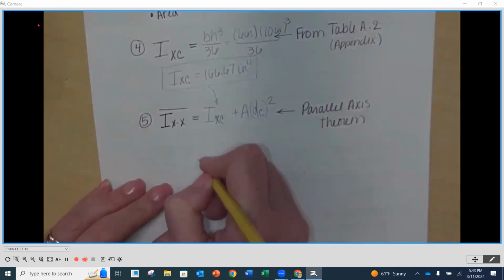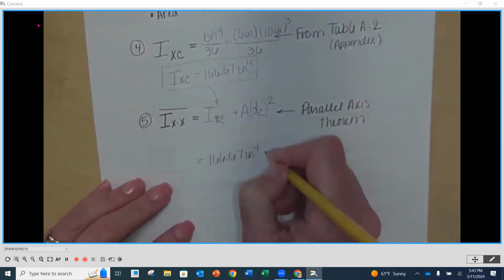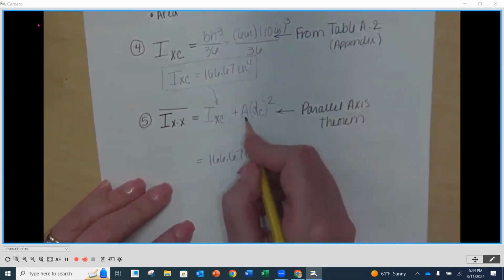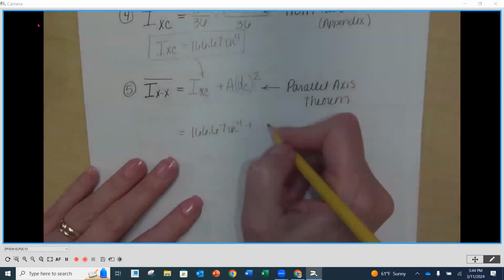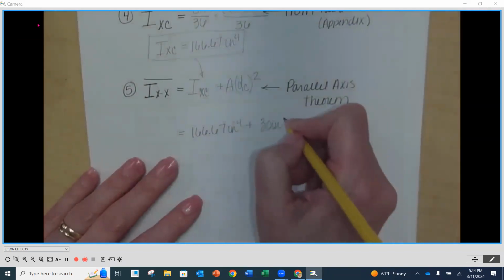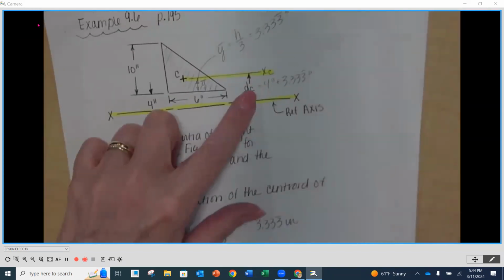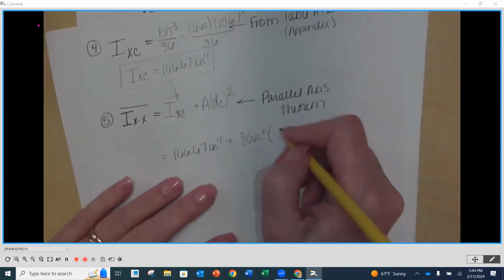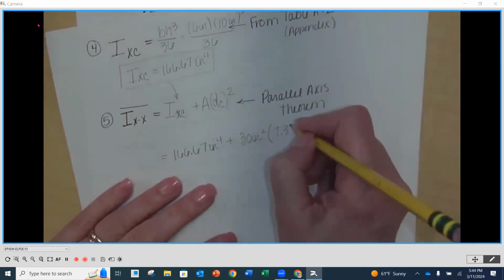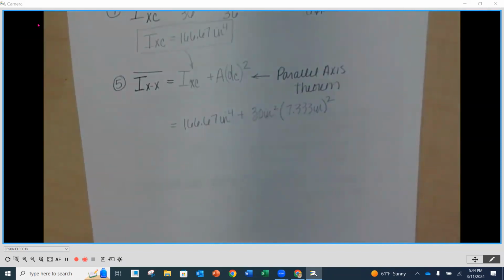So now we'll put our values in. It's going to be 166.67 inches to the fourth plus the area. We just calculated the area in step number 2, that was 30 inches squared. So this is going to be 30 inches squared times our dc. Our dc was 4 plus 3 1/3, or 7 1/3, 7.333 inches, and we need to square that quantity.